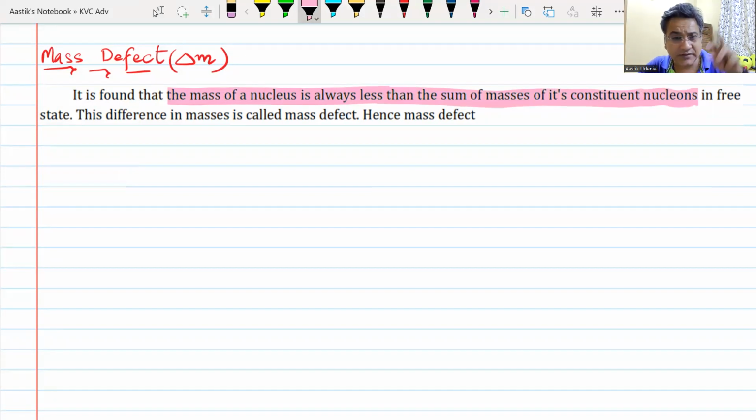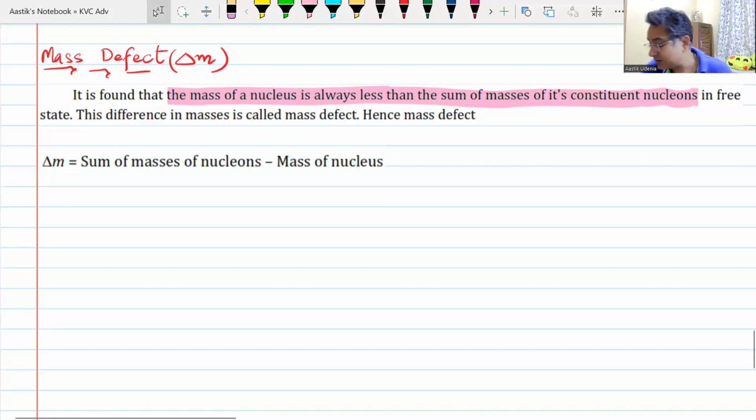That means the total mass of the nucleus is always less than the total mass of the nucleons which are making the nucleus. This difference in masses is known as mass defect.